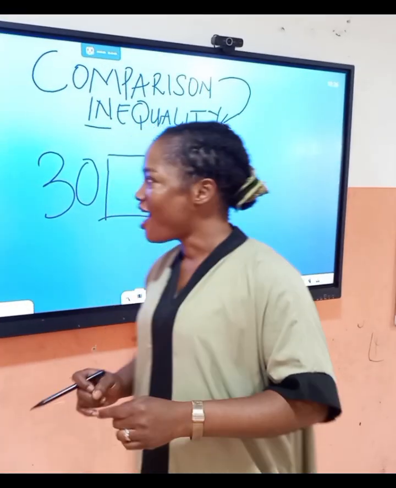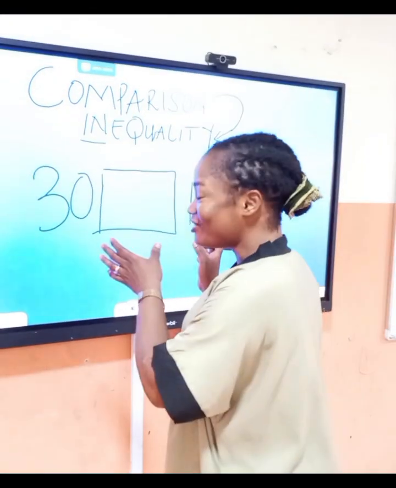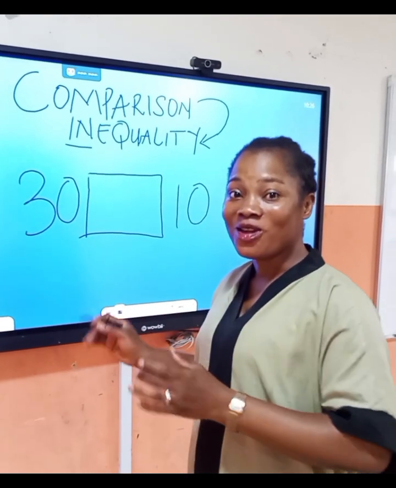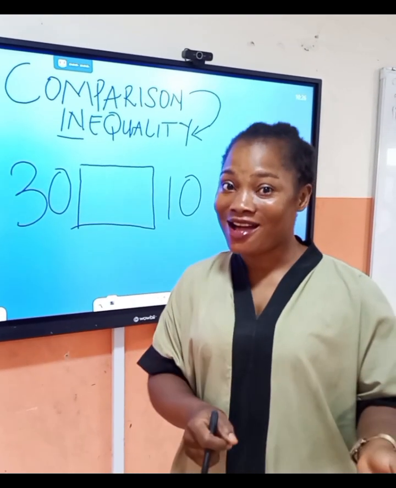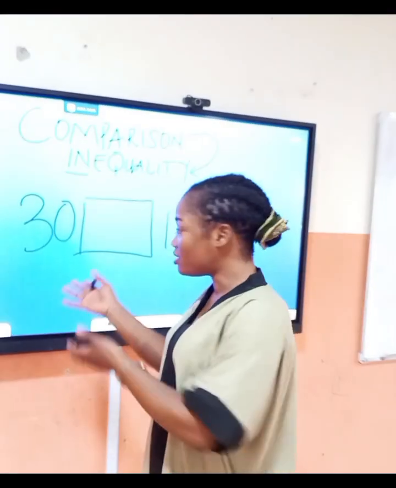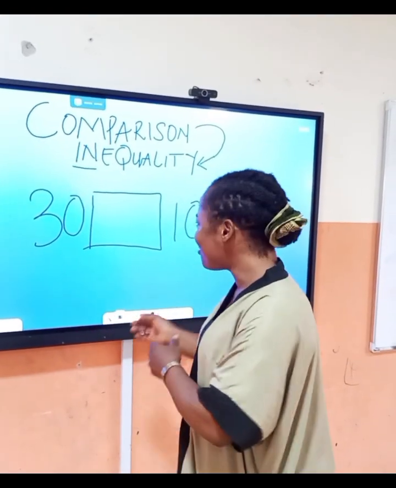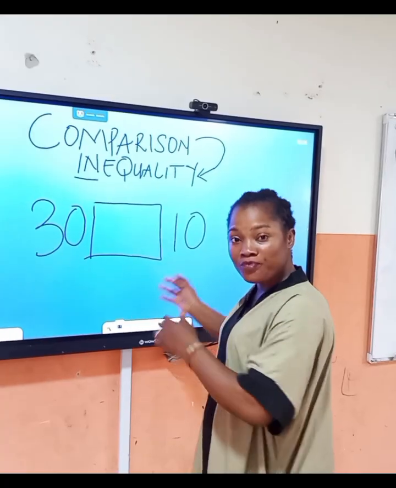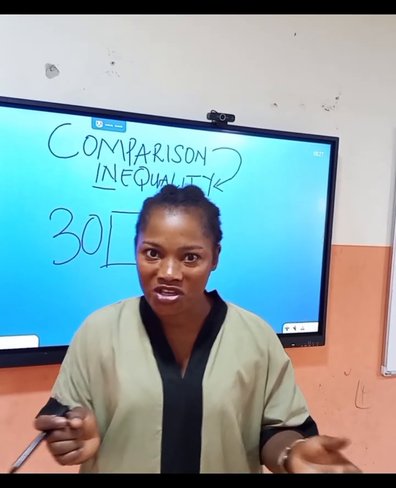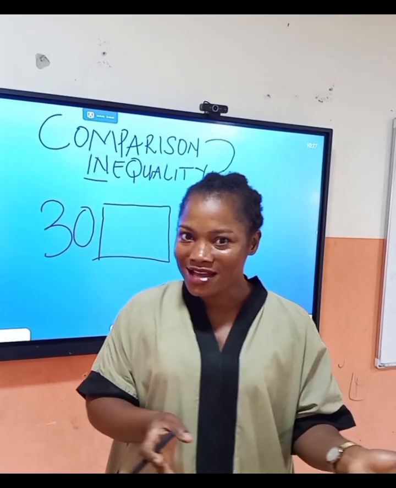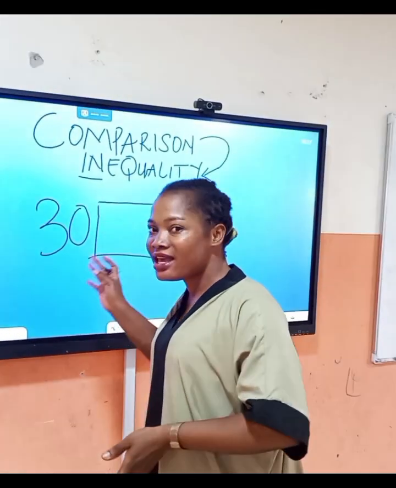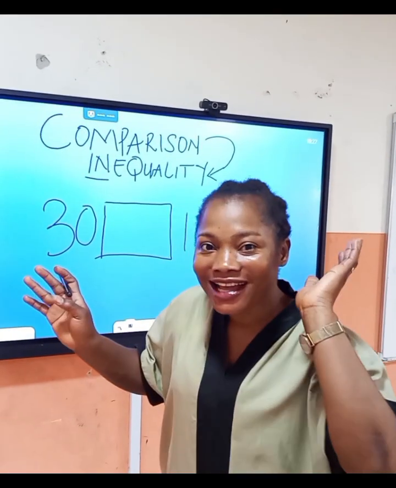Now I have two numbers and we have to check which of these numbers is greater, which one is lesser. I have a 30 and then I have a 10. Between 30 and 10, which is bigger or which is lesser? Can you tell me between 30 and 10 which is bigger?